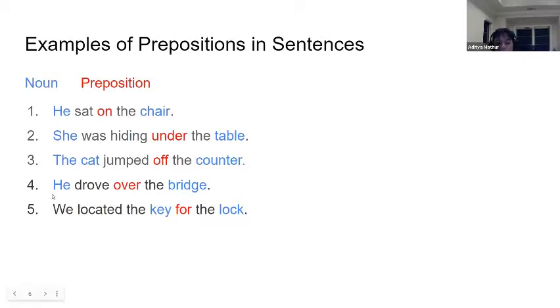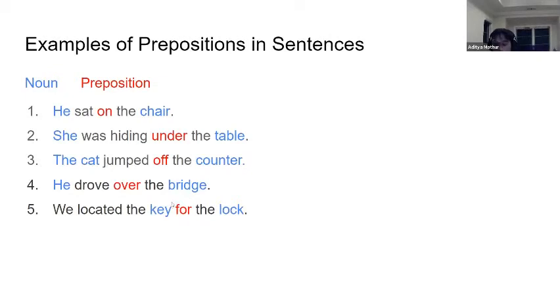You don't really relate we and the lock. So the two nouns we are focusing on are key and lock. In the middle, we have a preposition, for. For is relating key and the lock. Without for, the sentence wouldn't make sense.